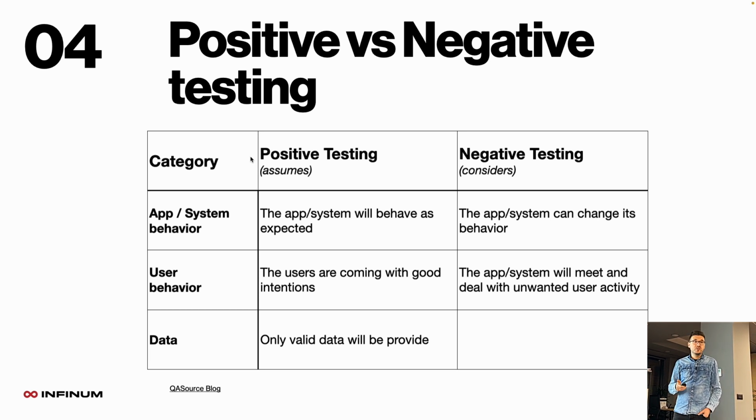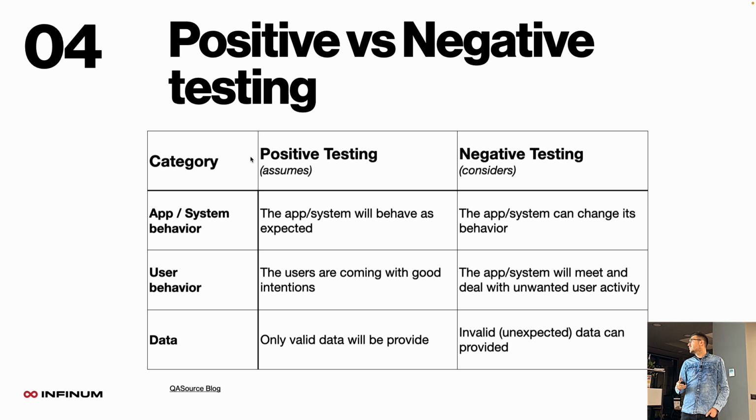For example, to create a purchase or an order, everything will be valid from start till end. But negative testing considers unexpected or invalid data entered in the application. As I mentioned, for example, a scenario with an invalid or expired credit card provided by the user trying to complete the order.